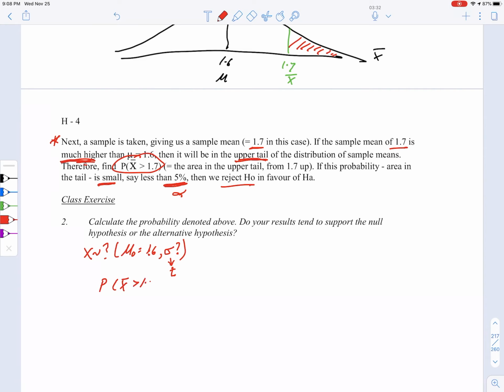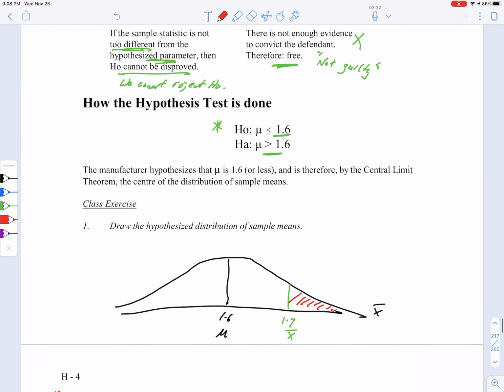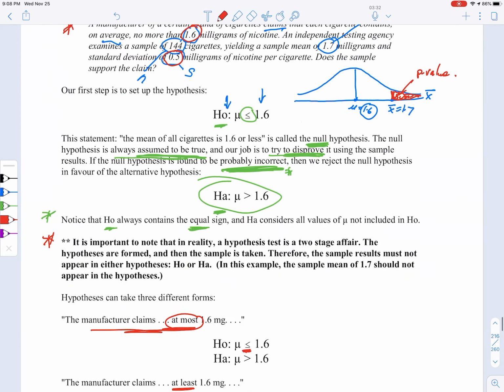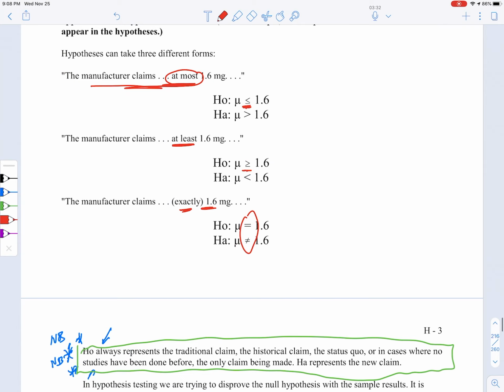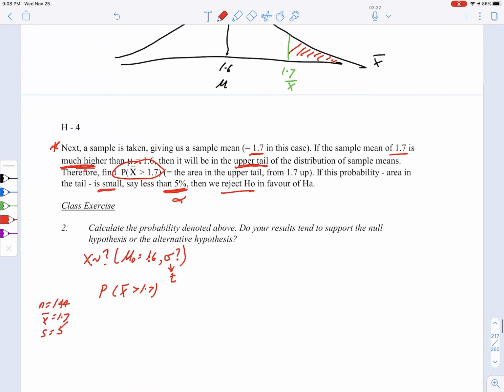Let's do the calculation here. We're going to find the probability of getting an x bar greater than 1.7. Just to put down over here what we found out, n was 144, x bar was 1.7, and s was, I think it was 5.